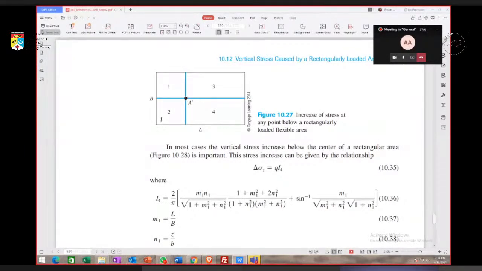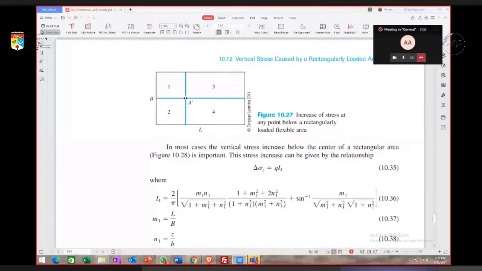So we need to make it at the corner so that we can calculate the increase in stress. Since it is not at the corner, we divide the area here into 4. Make sure that the point is at the corner.